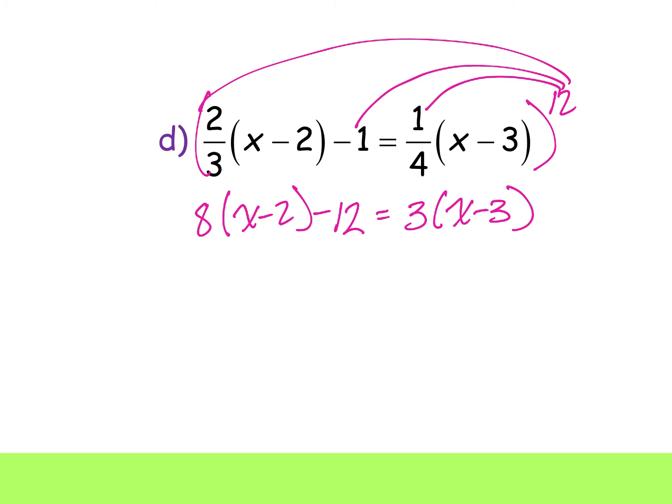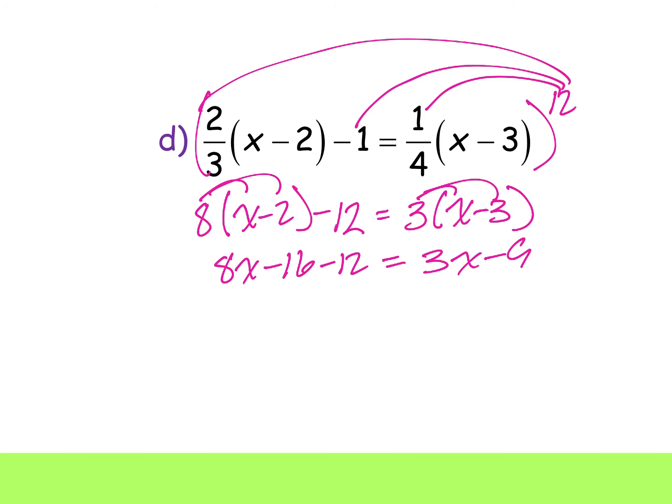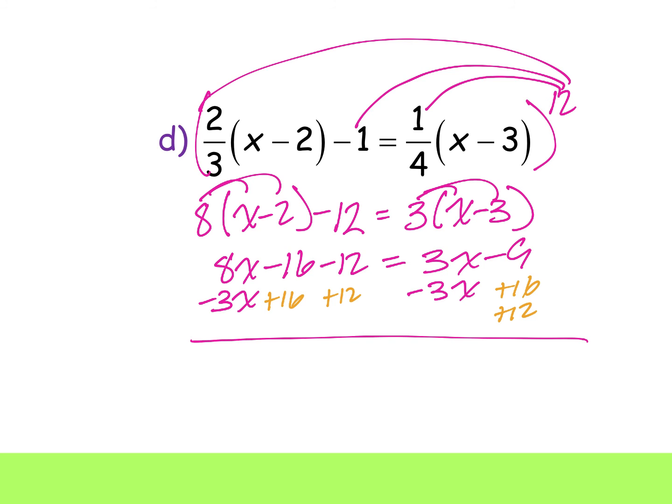Okay, then I distribute again, and I get 8x minus 16 minus 12 equals 3x minus 9. So subtract 3x from both sides to get my x's together. Add 16 and add 12, so to get everything on the opposite side. So I get 5x equals 9.